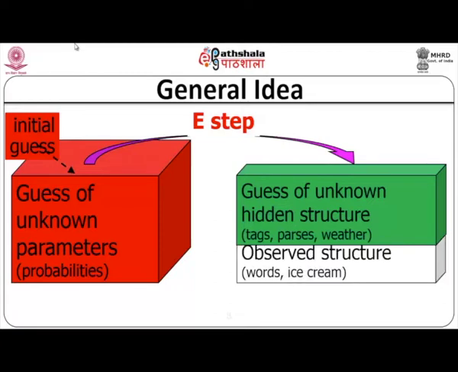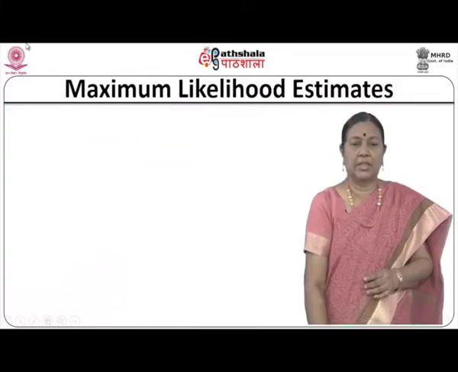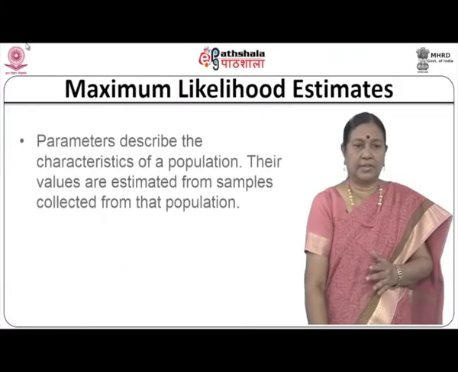And the observed structure will not directly be the tags, it will be the words, and could be ice cream for the weather example. So, you observe the structure, then you use the M step or the maximization step to again recalculate the probabilities and keep doing this till you reach convergence.